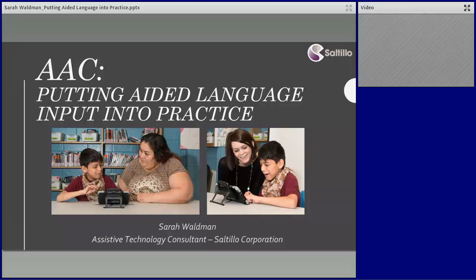And so AAC is a good option to augment the words and communication that they do have.